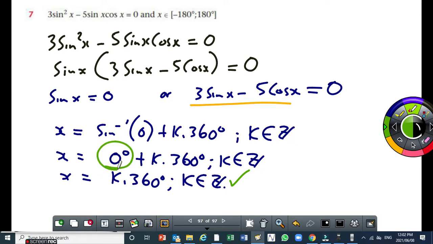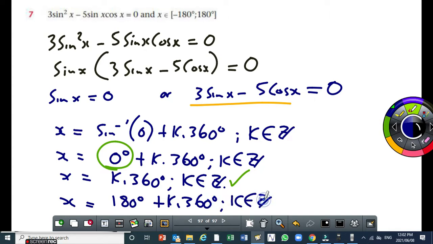So you subtract 0 degrees from 180, you get 180 degrees. So the second general solution will be 180 degrees plus k times 360, where k is an element of z. There is no point of me writing 180 degrees minus 0 degrees, so I'll write it straight away, and you get that. Two general solutions for the first equation.